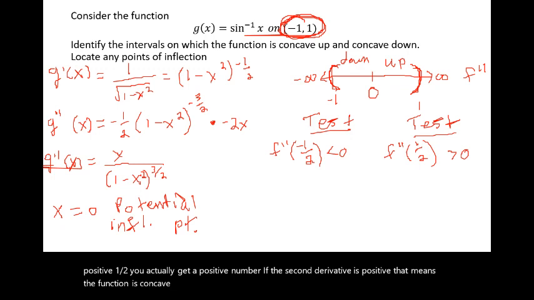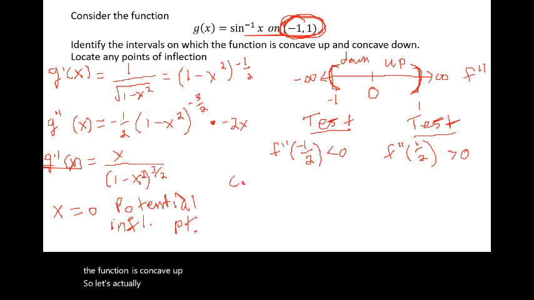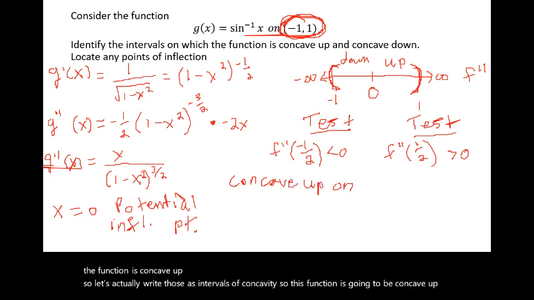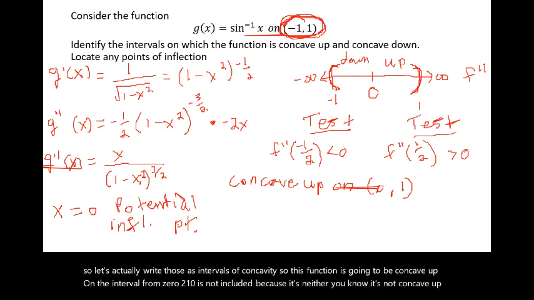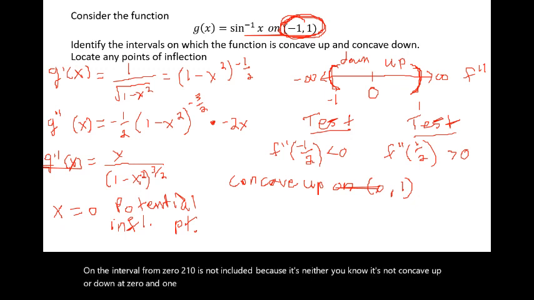So let's actually write those as intervals of concavity. This function is going to be concave up on the interval from 0 to 1. 0 is not included because it's neither concave up nor down at 0, and 1 was not included in the original domain, so we're going to give it a parenthesis.